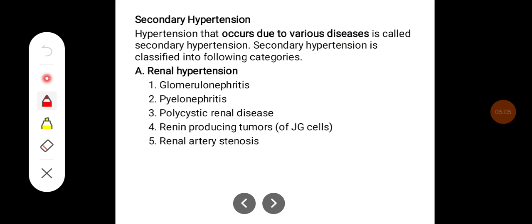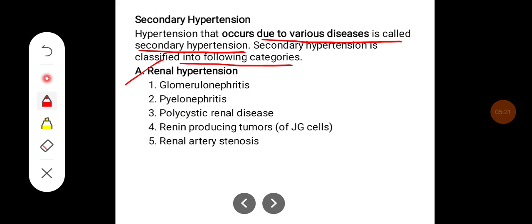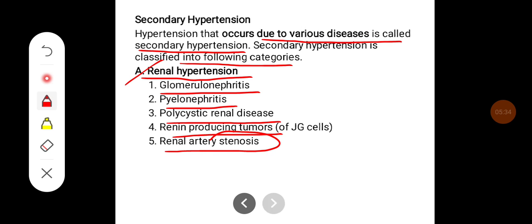Secondary hypertension: hypertension that occurs due to various diseases is called secondary hypertension. Secondary hypertension is classified into the following categories. It could be renal, it could be endocrinal, it could be neurogenic hypertension. Some of the causes for renal hypertension are glomerulonephritis, pyelonephritis, polycystic renal disease, renin producing tumors, and renal artery stenosis.